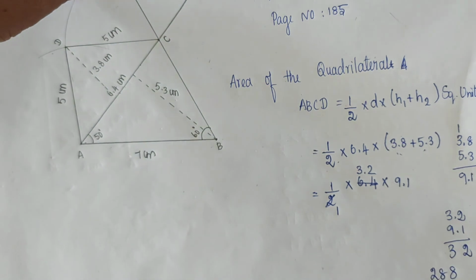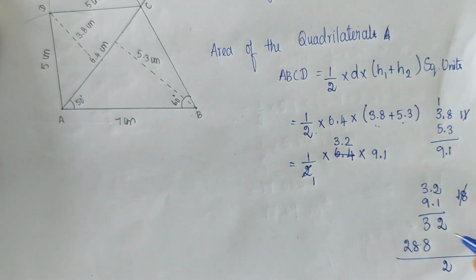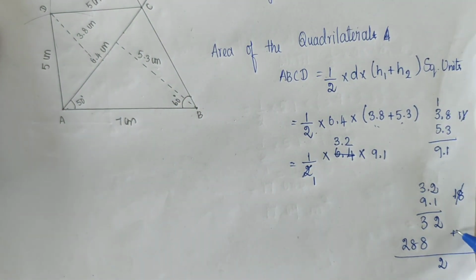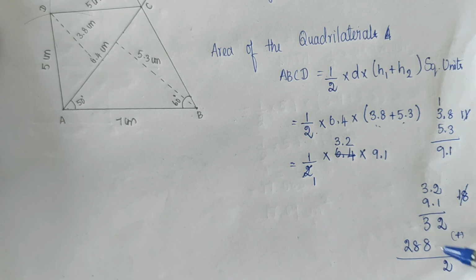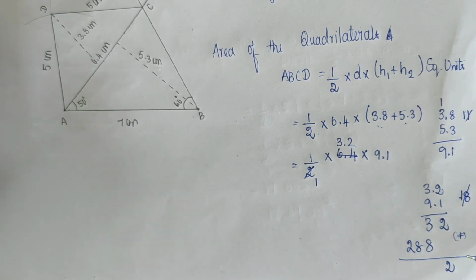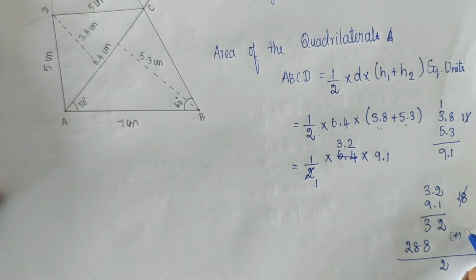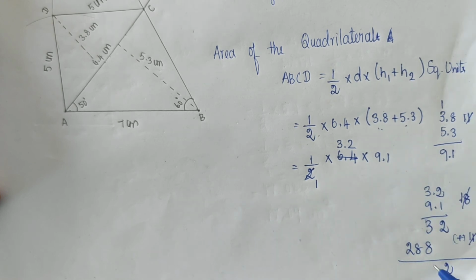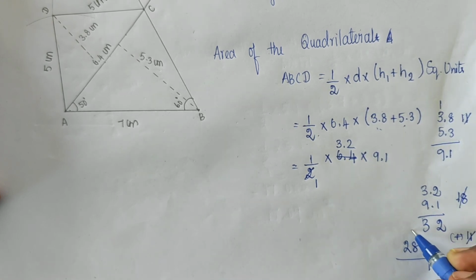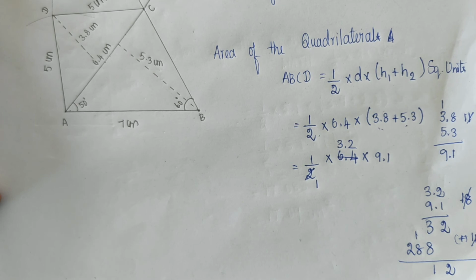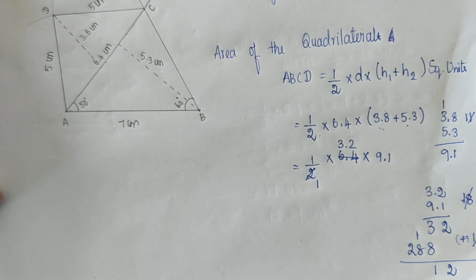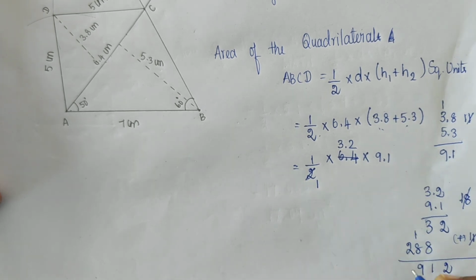Can you see the note? So 2, 8 plus 3 is 11. Put 1 and carry 1. 8 plus 1 is 9, and 2.